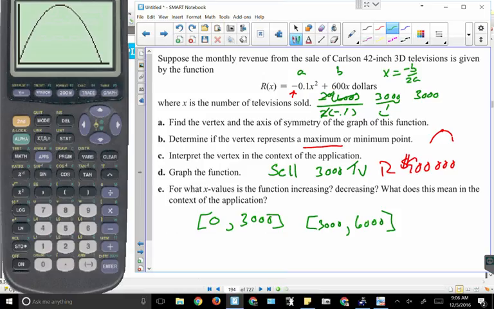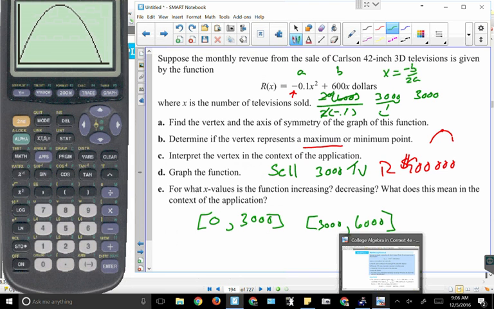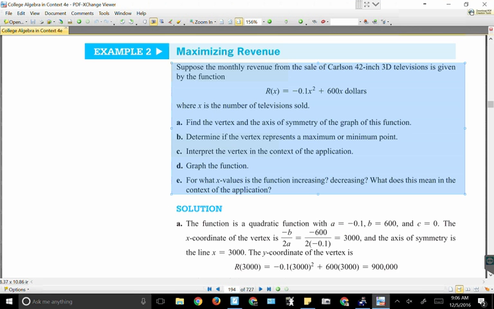So, sort of kind of makes sense. But when you are doing these problems, think about them in a real way. Don't just treat it like something, well, I don't know what's going on here. You're selling TVs. It's kind of easy to figure out what's happening to it.